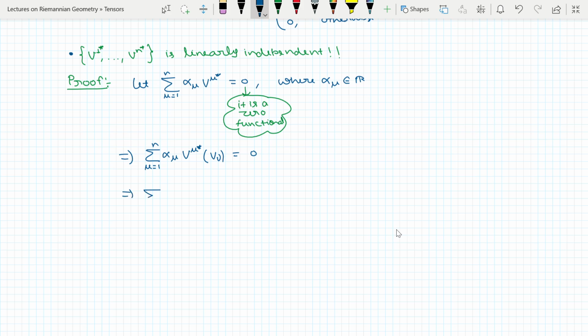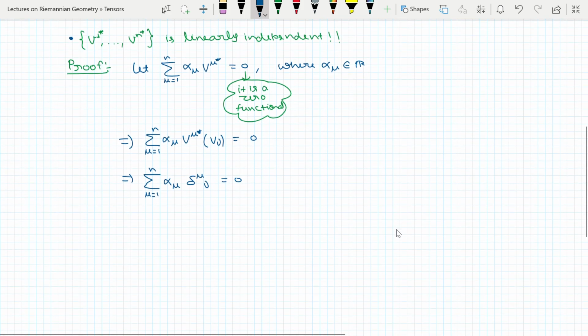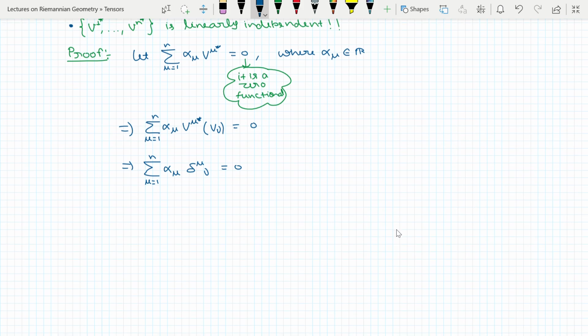So this will give us summation mu equals 1 to n of alpha mu, and this will be by definition your delta mu nu, equals 0. Now here the sum runs over mu equals 1 to n, and we know that the Kronecker delta is 0 for mu not equal to nu. So for mu not equal to nu, all the terms will be 0. The only term that will be non-zero is when mu is equal to nu.